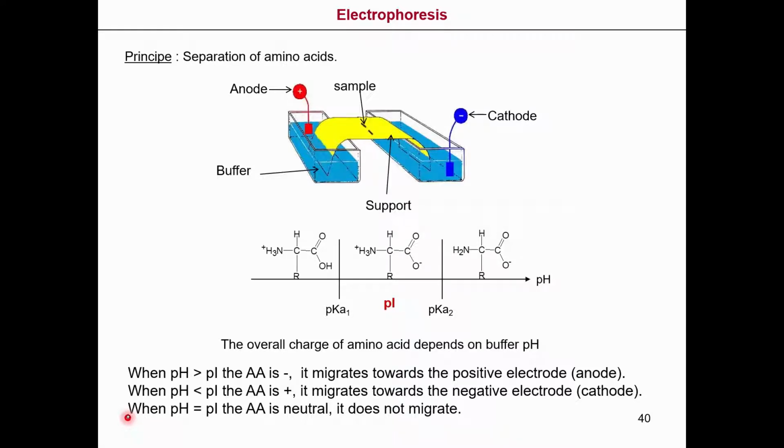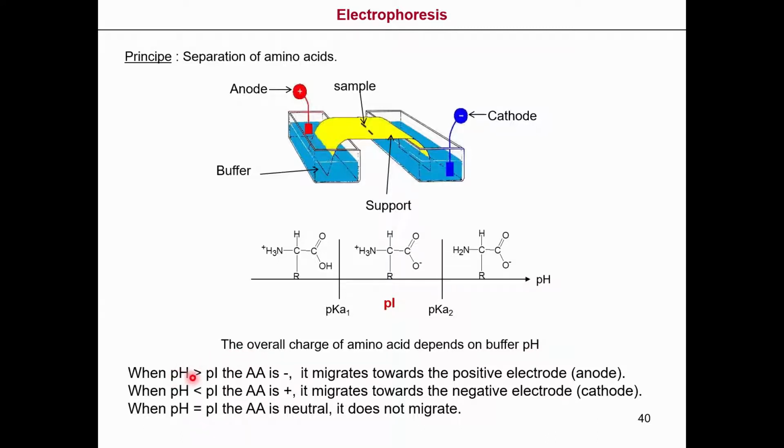So each amino acid has a specific isoelectric point, PI. According to the pH, each amino acid can have several charges, okay? And we can separate the amino acids according to the pH and the charge of the amino acid. So the overall charge of an amino acid depends on the pH of the buffer.